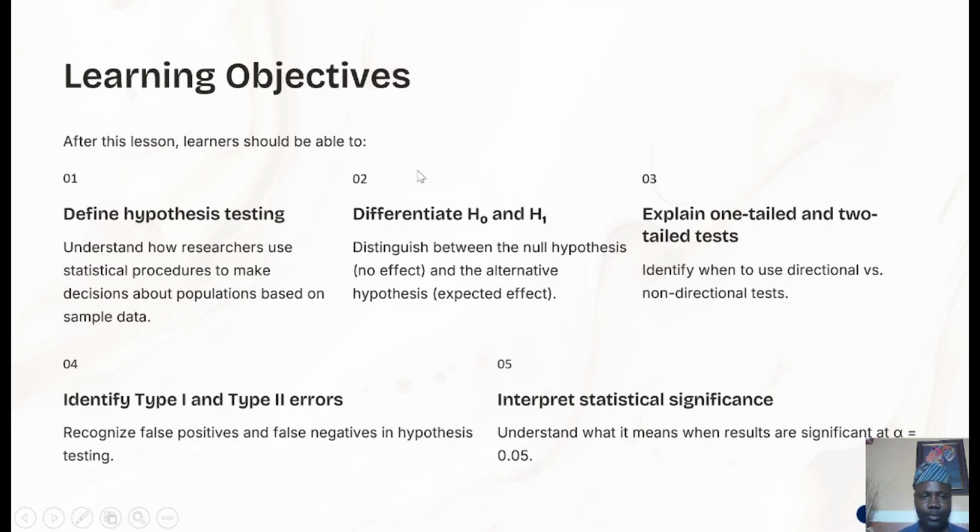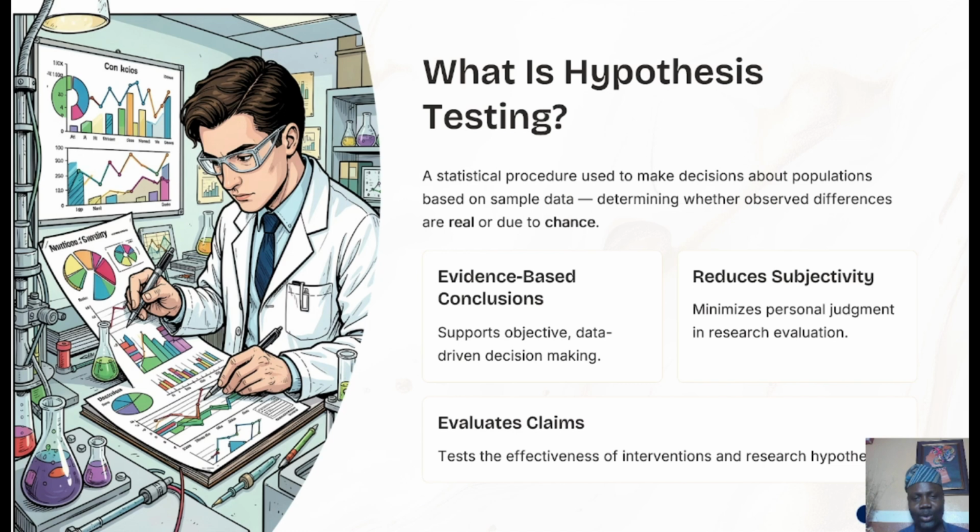So let's start by talking about what is hypothesis testing. A statistical procedure used to make decisions about population based on sample data is hypothesis testing, to determine whether the observed differences are real or due to chance.